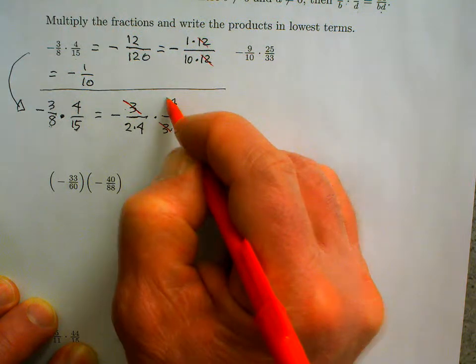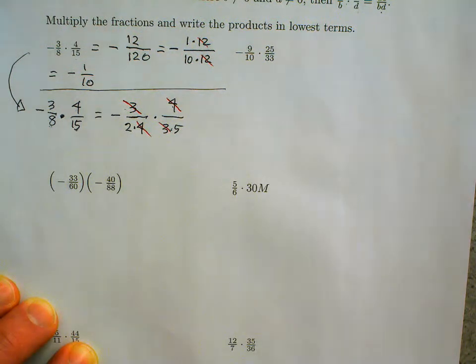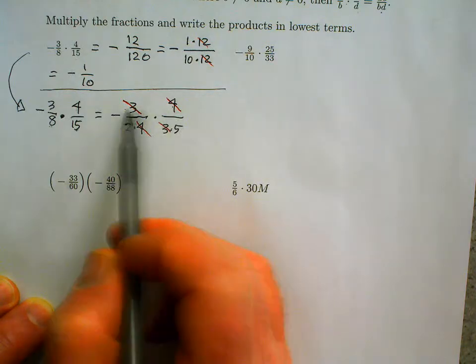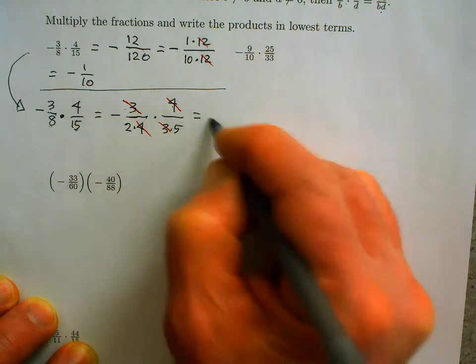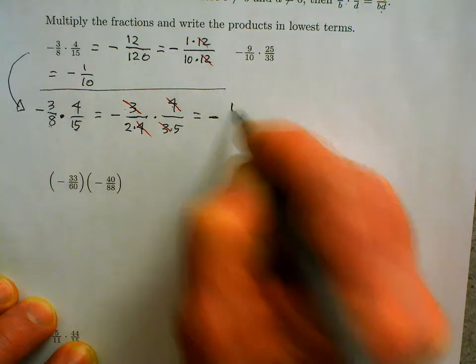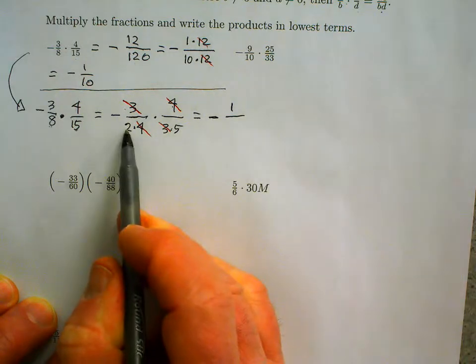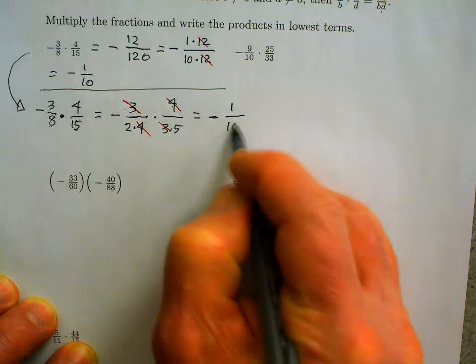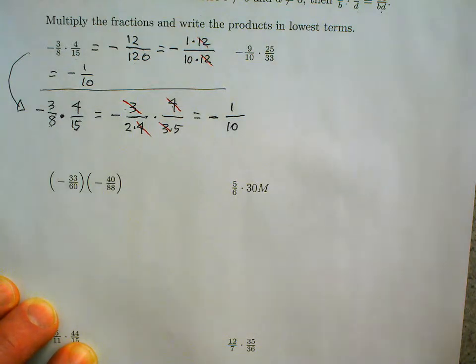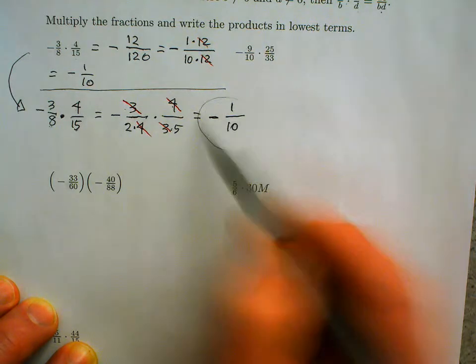And 4 divided by 4 is 1. 1 is a factor of everything, so the numerator still has a factor of 1 in it. And in the denominator, 2 times 5 is 10. So either way, we get negative 1/10.